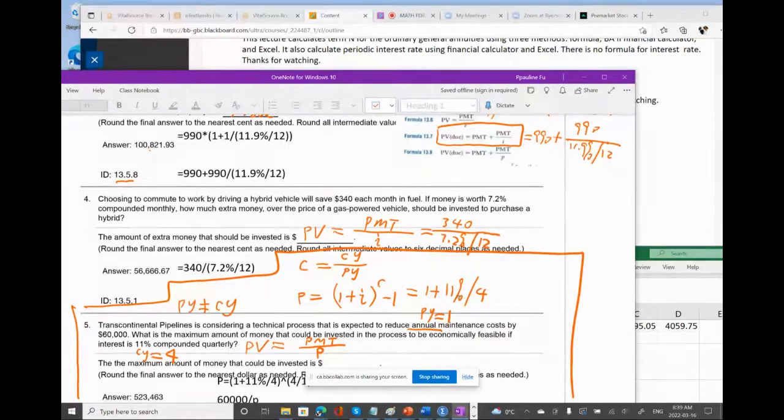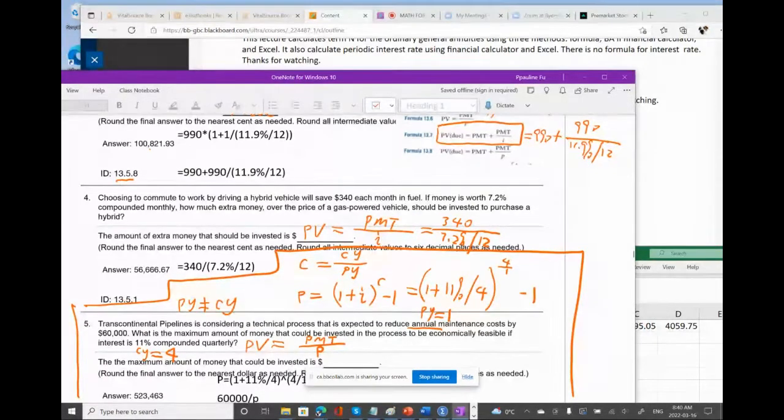When you use the formula, this I, 11%, you have to divide it by 4. And then raised to power C. C is CY over PY, so 4 over 1. The result minus 1. That is your P.